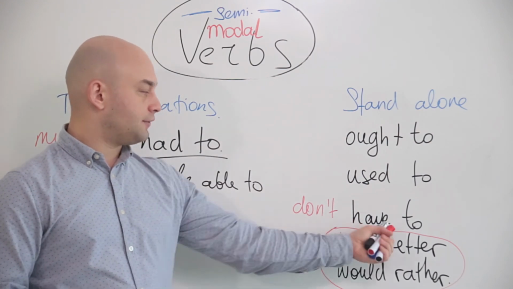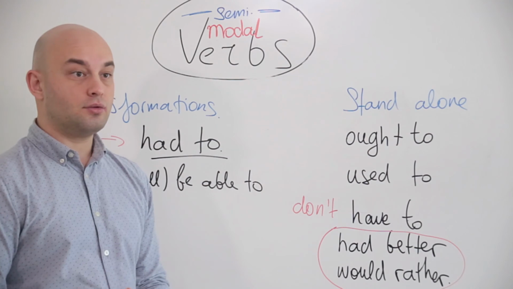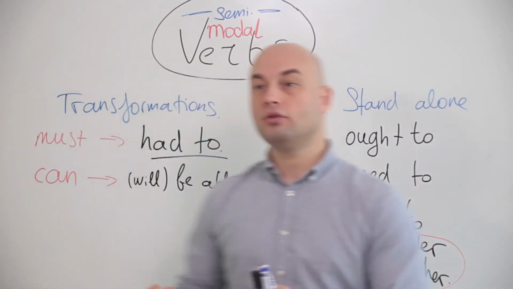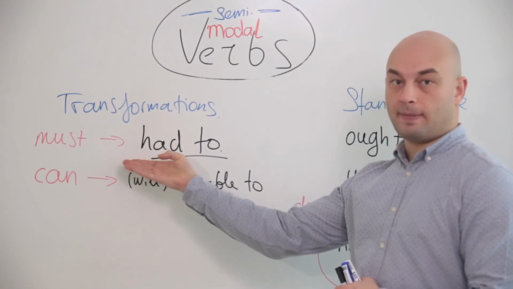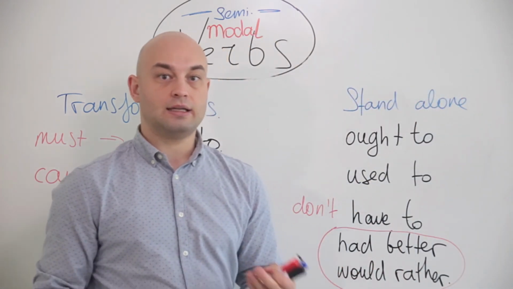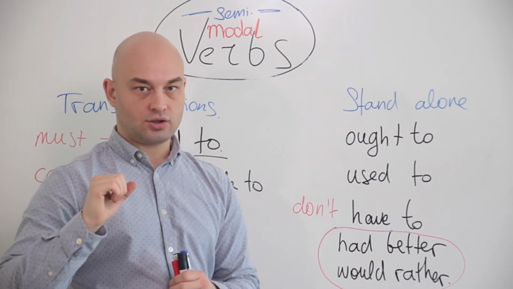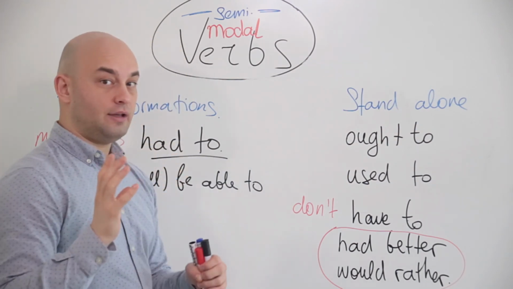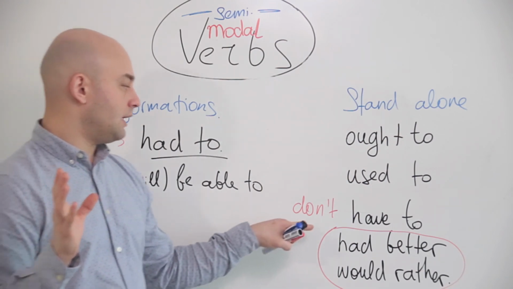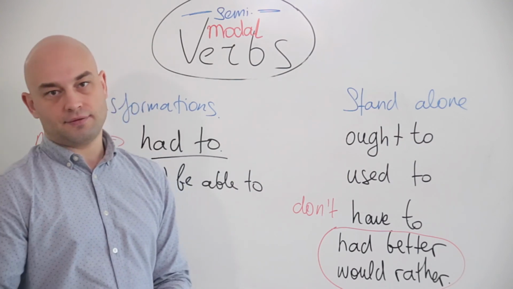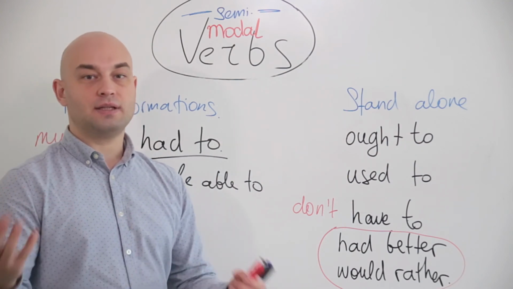Then you've got have to, because really have to can also be used instead of must, not only as a transformation for must, but also instead of must. And it gives you a softer rule or a softer obligation. And it's very important that you know this: we use don't have to, doesn't have to, or didn't have to express the absence of obligation.